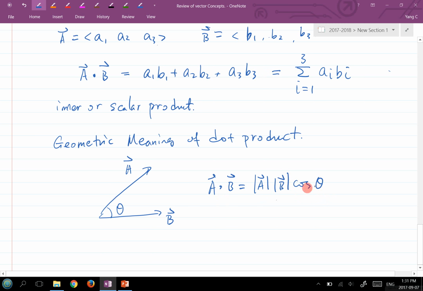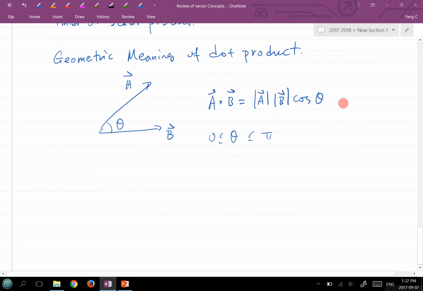When you form two vectors together, the angle between them is going to be between 0 and pi. If the angle goes beyond pi, then you look at the angle the other way, instead of one direction. That's the range of theta.